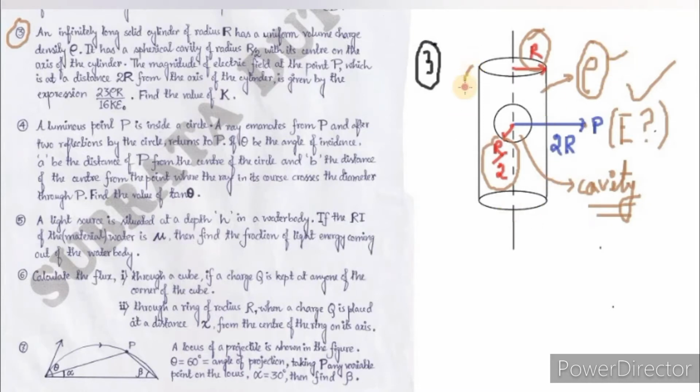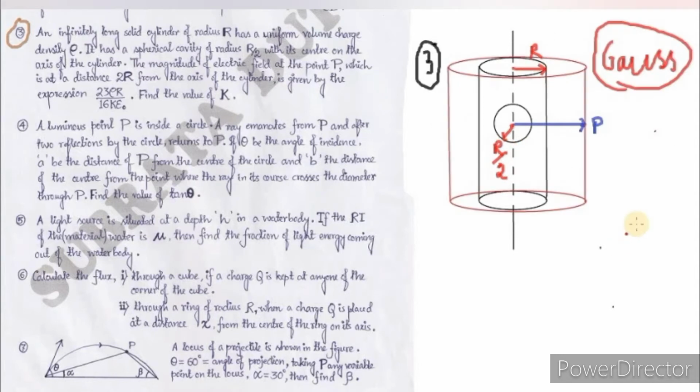Okay, now these are the informations which are given. Now we have considered a particular length of the cylinder as L. Now applying Gauss theorem, we are going to calculate the flux due to the cylinder, considering the cylinder is completely solid, there is no cavity.